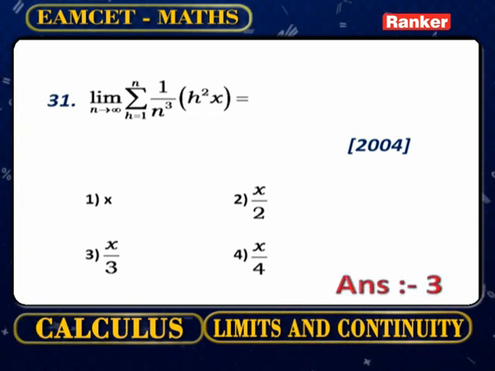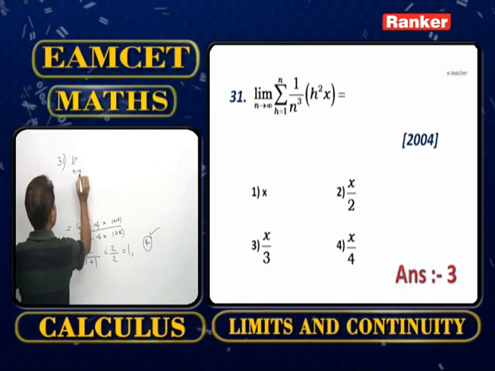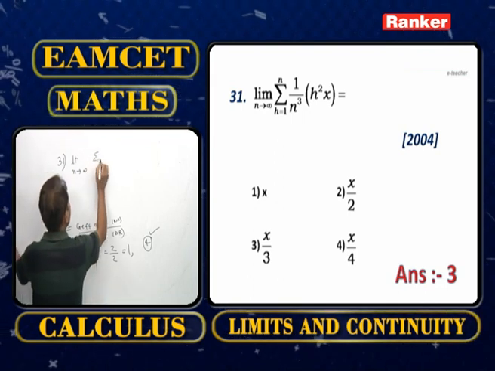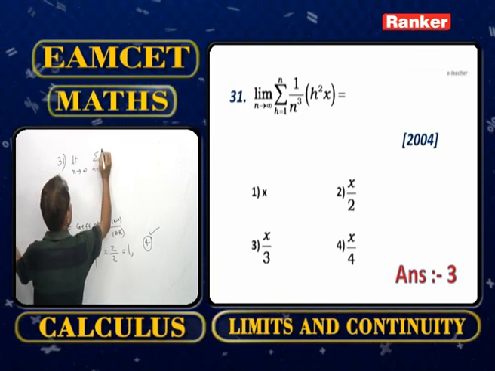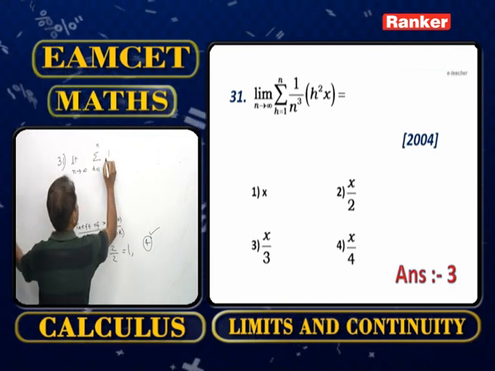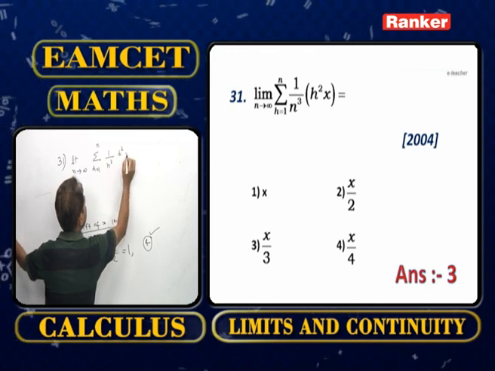Question number 31. Let us see. This is given: limit n tends to infinity, sigma h from 1 to n, 1 by n cube, h square into x.